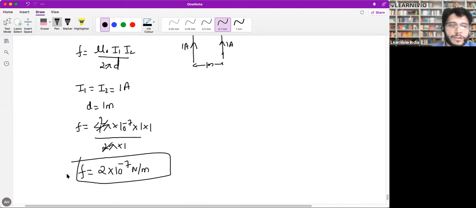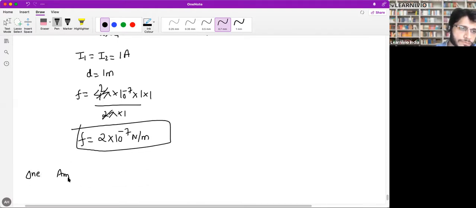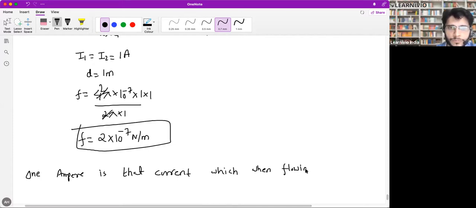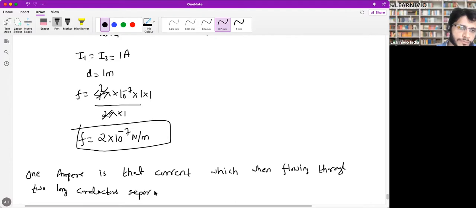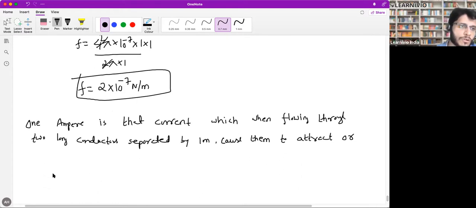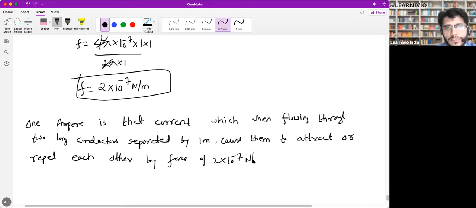So this is how we define 1 ampere. We write: 1 ampere is that current which, when flowing through two long conductors separated by 1 meter, causes them to attract or repel each other by a force of 2 into 10 raised to the power minus 7 per unit length.